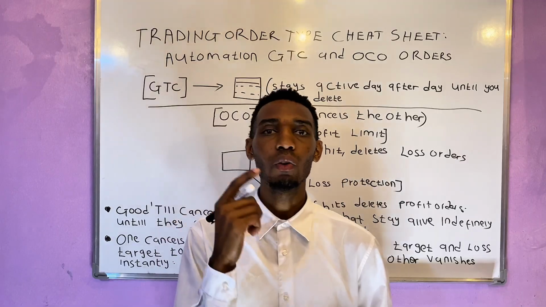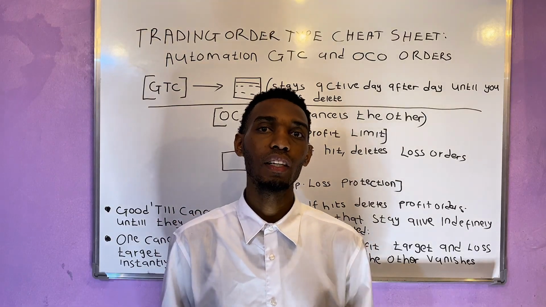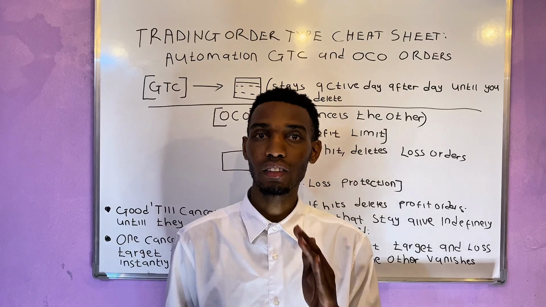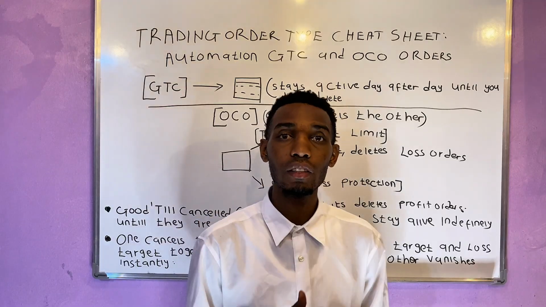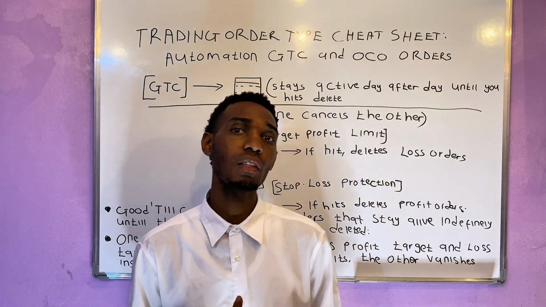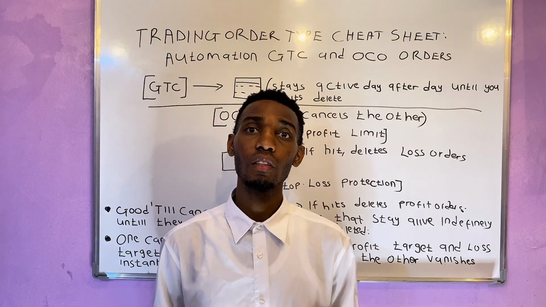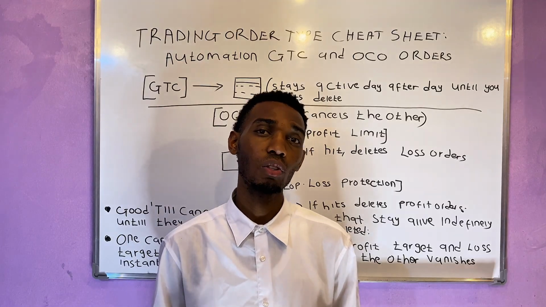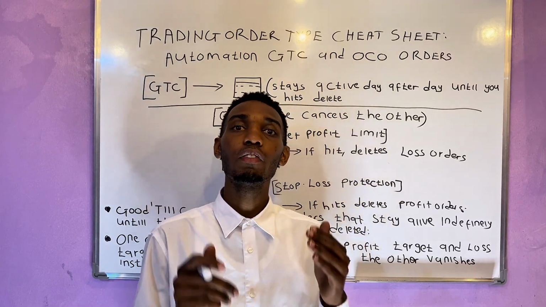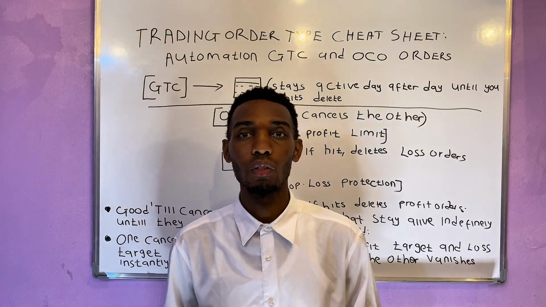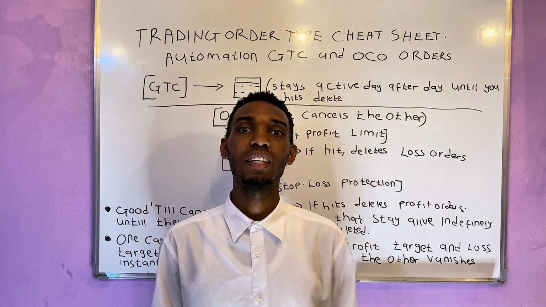An OCO, one cancels the other, order is like hiring an intelligent assistant. You set two conditions at the same time. If the price goes up to my target, sell for a profit. But if it drops to my danger zone, sell for protection.